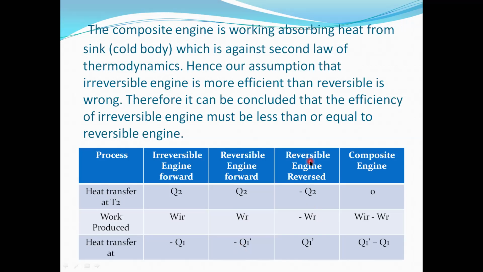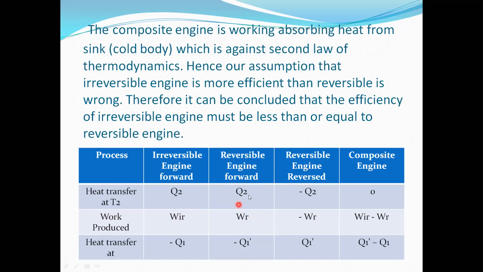Now the fourth column, see, reversible engine reverse. देखिए थर्ड कॉलम में क्या है, रिवर्सिबल इंजन, और फोर्थ कॉलम में भी रिवर्सिबल इंजन. So what is the difference? It is in forward direction and this is in reverse direction. So these are the values of the reversible engine in forward, and we have to write the values of the reversible in reverse direction.